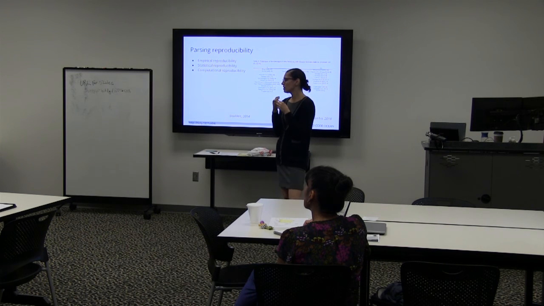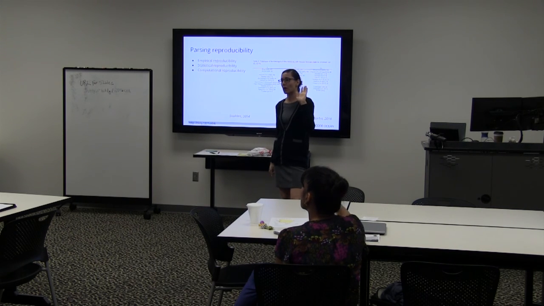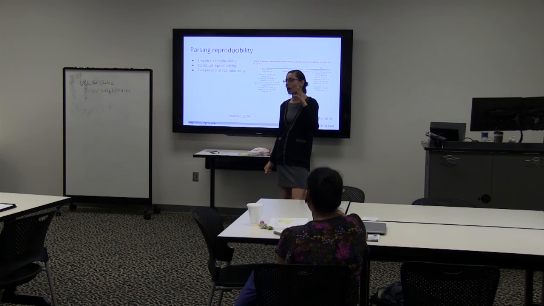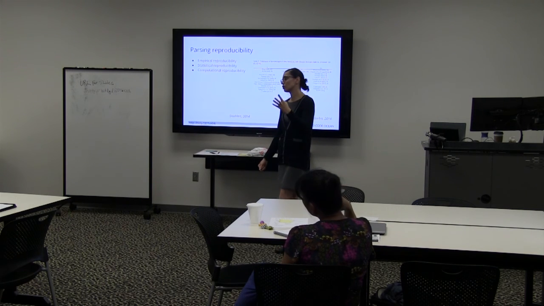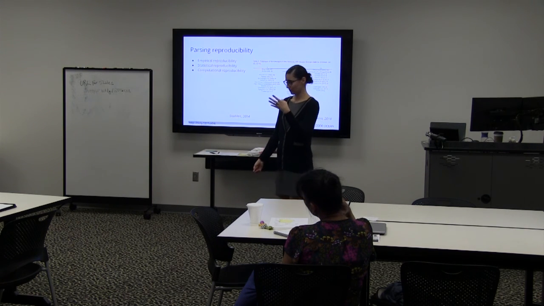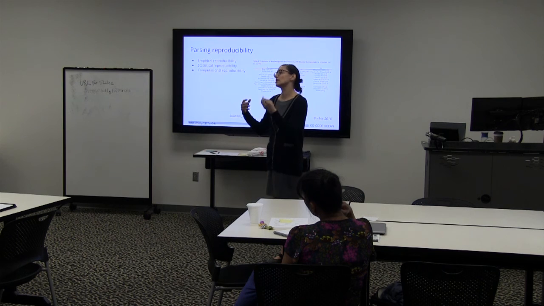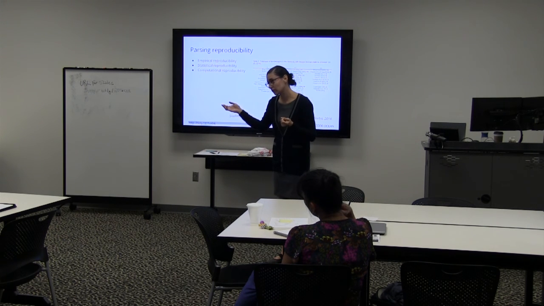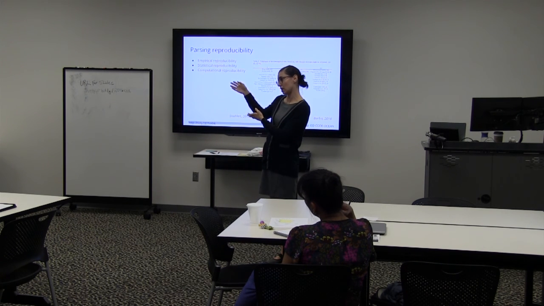So for example, statistical reproducibility could involve, say, let me think, maybe you have low power, right? Raise your hand if you know what I mean when I say power. So essentially, how many observations, how many patients you have or whatever. If you have low power, that will affect the chance that you might have a false positive in your results, right?